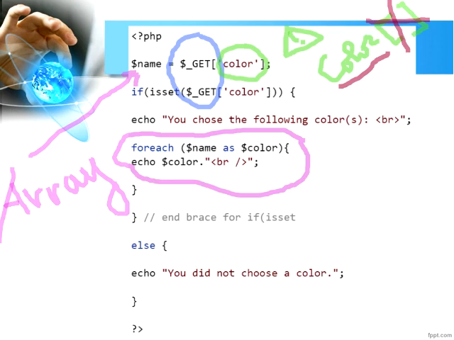In the GET method, the variable plus its value are added to the URL. But in the POST method, the variable and its value are added to the body of the request. Okay?